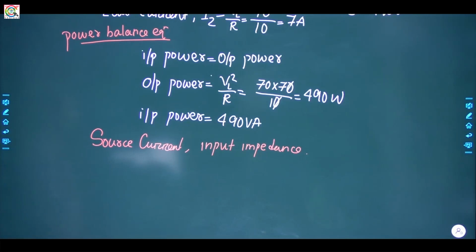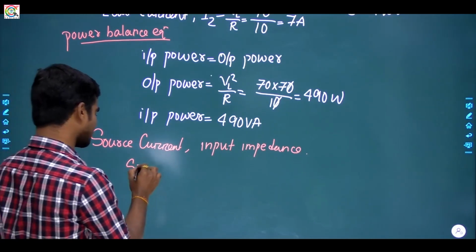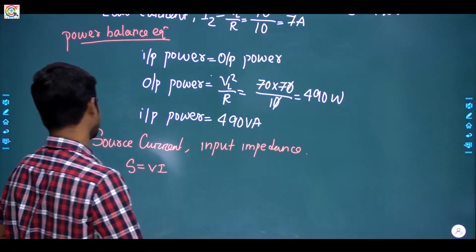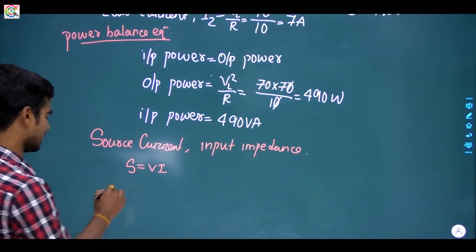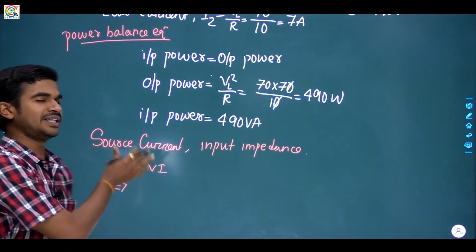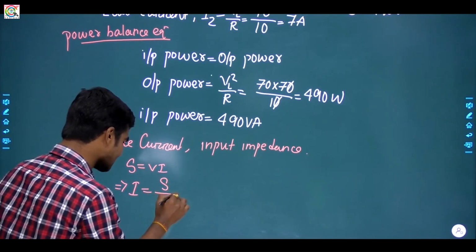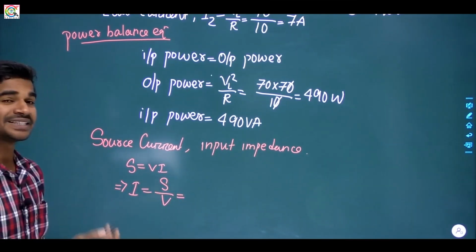So how to find the source current? We know that the apparent power is given by S is equal to VI. You know the source voltage, that is 120 volt, which is given in the question. So what will be the value of I? It will be S by V. So S is how much?